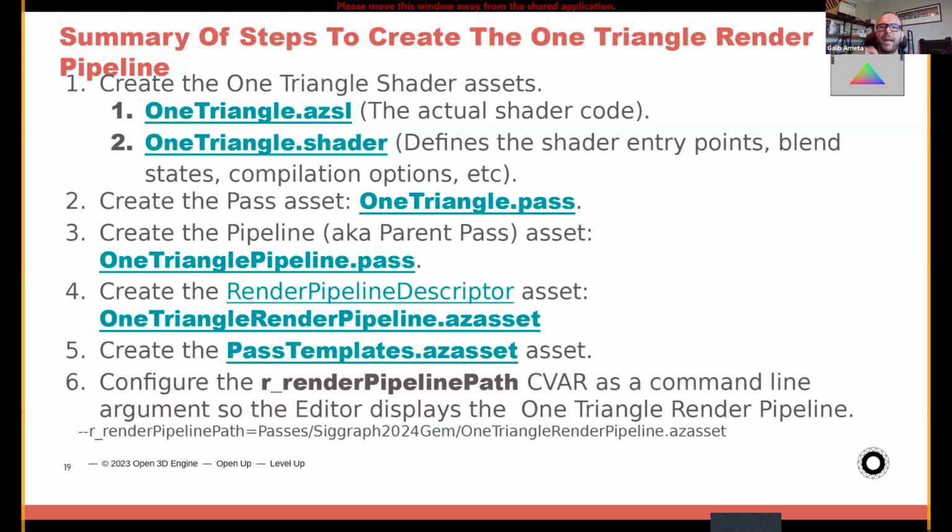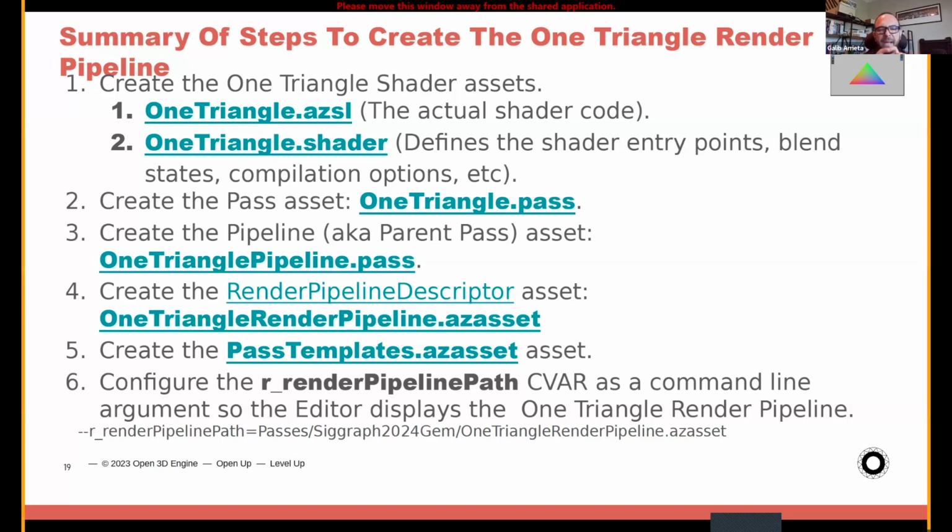Basically, with this file, you say, this is my vertex shader, this is my pixel shader, entry points, some blended states, and also compilation options. Then we're going to create a pass asset where we're going to define basically what kind of attachment this pass requires and so on. And then we're going to create the pipeline.